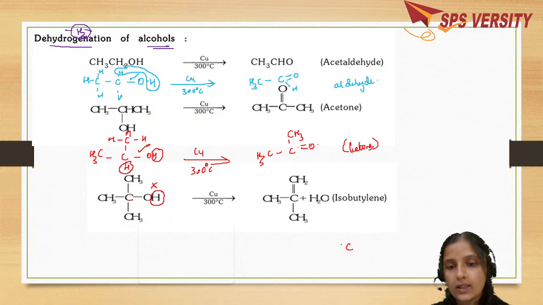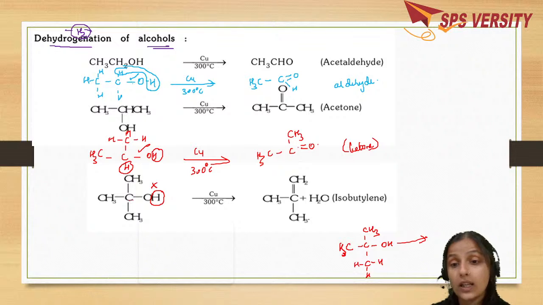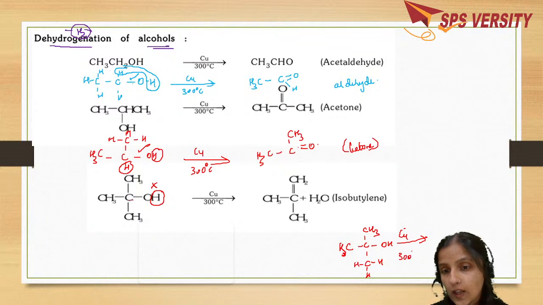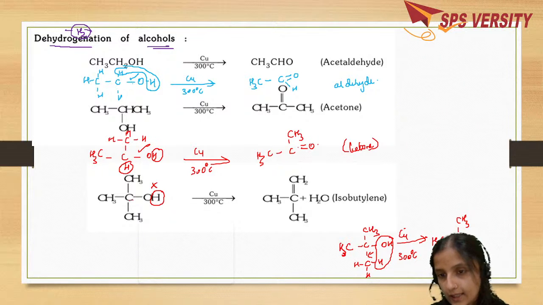If you take CH3, C, CH3 and C with the three hydrogens over here and OH, then if you heat it in the presence of copper at 300 degrees Celsius, a water molecule will be lost, because the water molecule is removed from the neighboring atoms, that's OH and an H. You get a double bond over here. That results in the formation of CH3, C, CH3, double bond CH2. This results in the formation of an alkene.